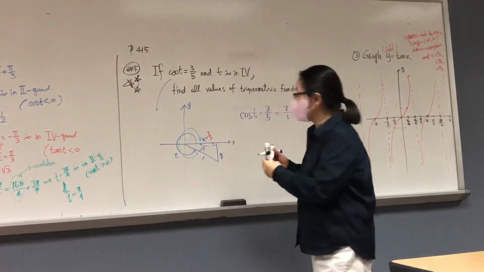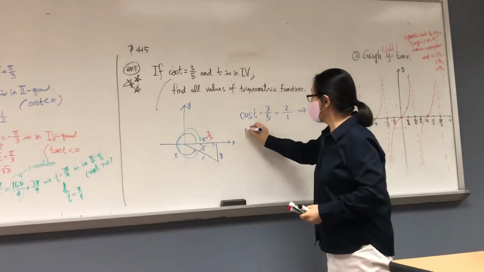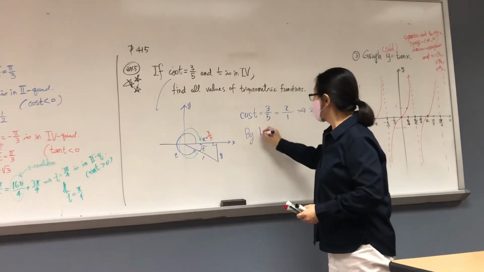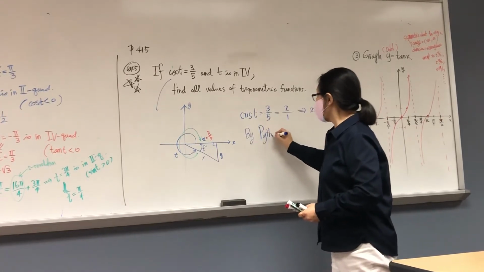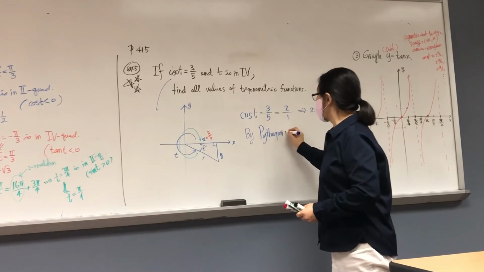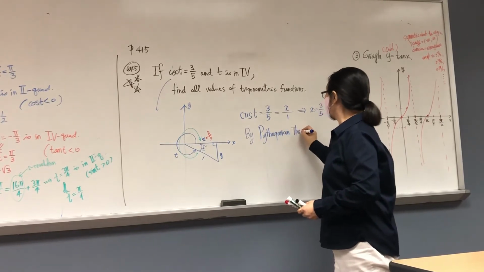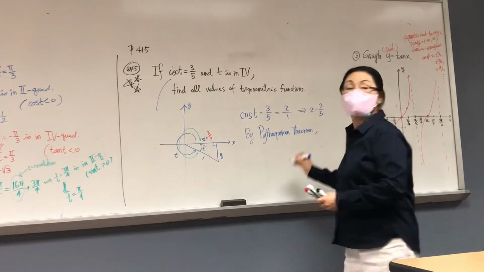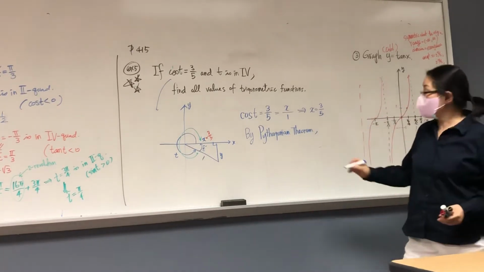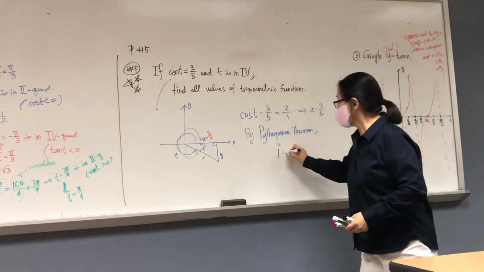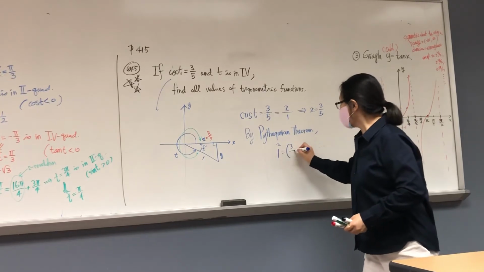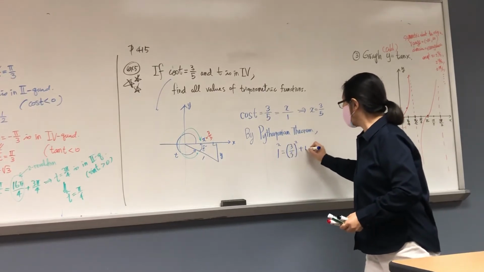And then how do you find y? By Pythagorean. A squared plus b squared. 1 squared equals 3 over 5 squared plus y squared, am I right?